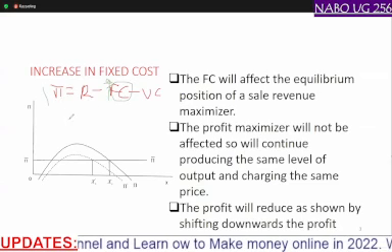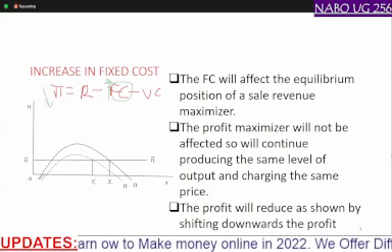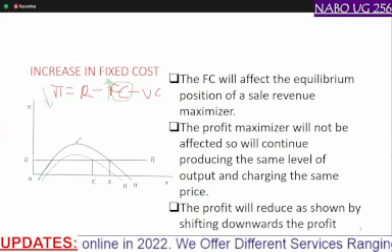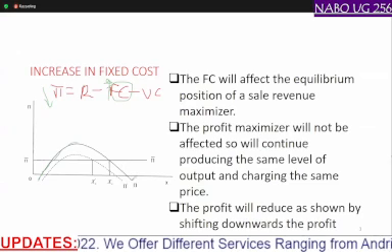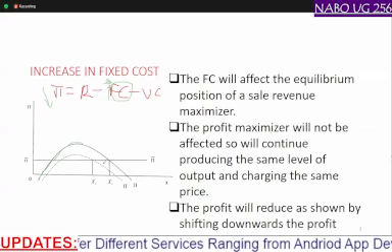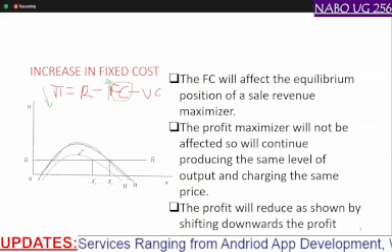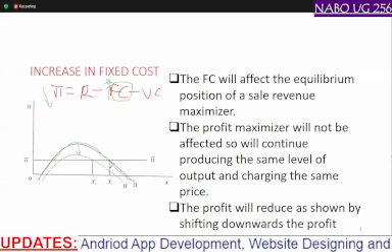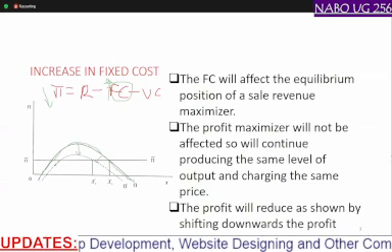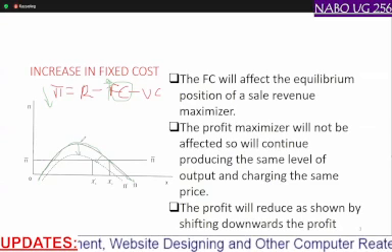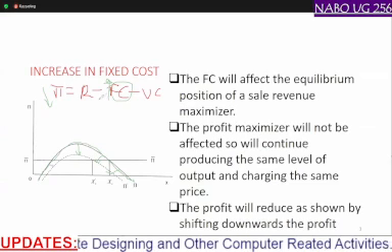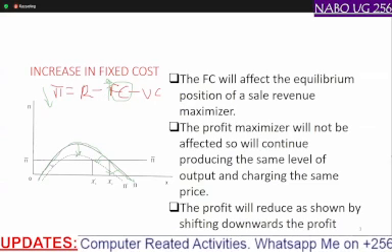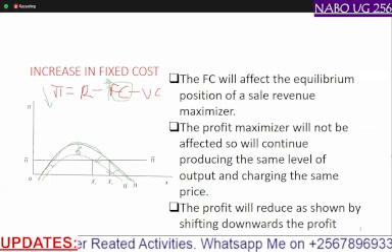This is my profit curve, and this profit curve is going to come down. This inward shift, the gap should be the same. Make sure the gap between these two lines is the same, because fixed cost is only the difference here. It is the same throughout. So the curve shifts inward.